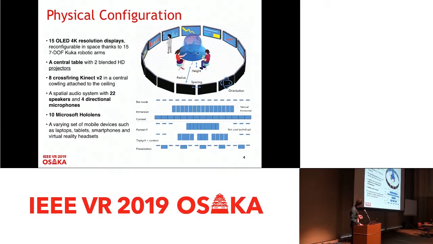We have the typical spatial audio system, and 4 microphones that allow us to identify the source and directionality of speech. As I said earlier, the 2D screens are used for displaying high-resolution 2D information, whereas we use the HoloLens devices for displaying the 3D information that generally appears on top of the central table.